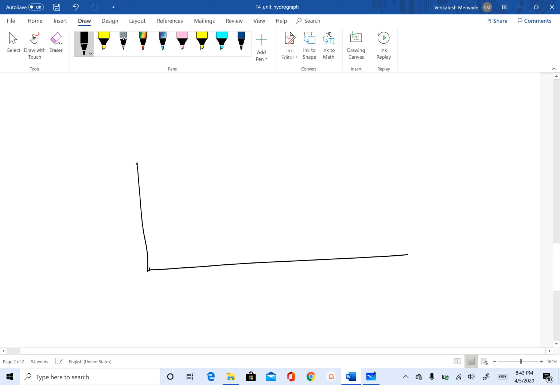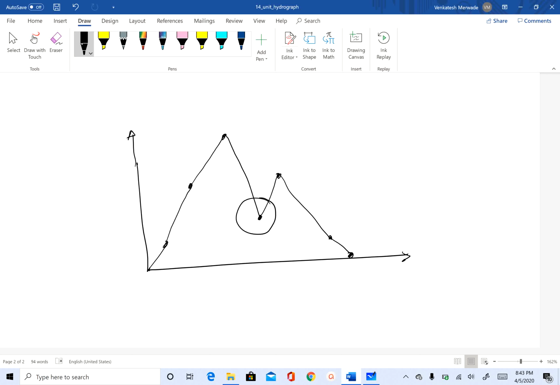It goes from 0 to 10, 10 to 100, 100 to 190, and from 190 it goes to 75, then to 110, then to 60, and then to 0. So this is how the unit hydrograph will look when you plot it. This dip is another disadvantage of this method.